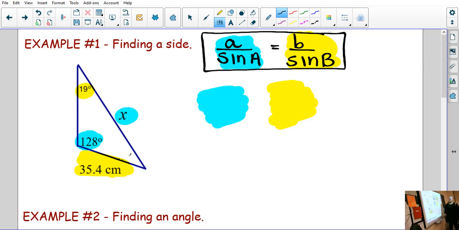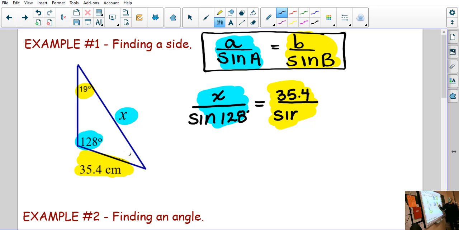So let's put in the numbers. The x is a side length, and its pair is the sine of 128. And the other pair that I know, the side length is 35.4 centimeters, and it would be sine of 19 degrees.